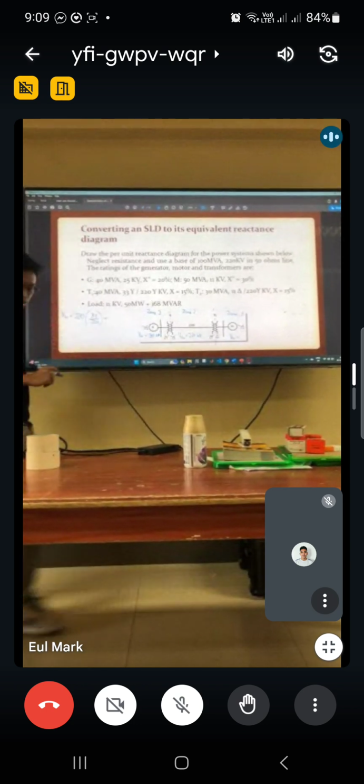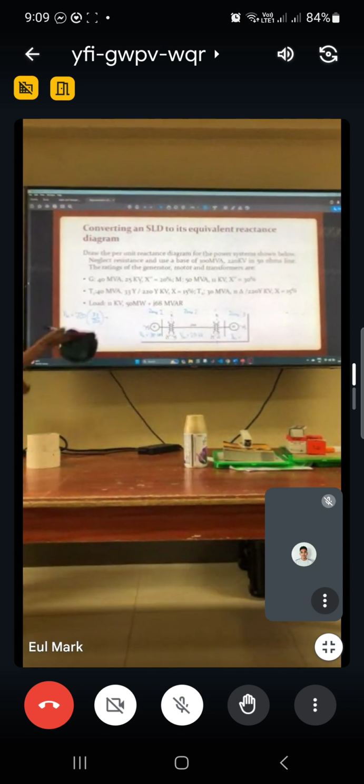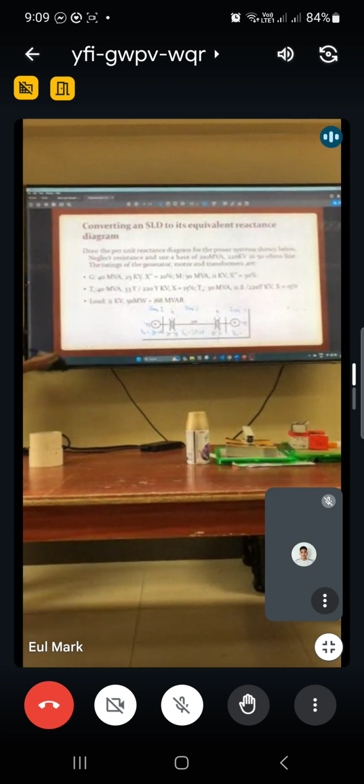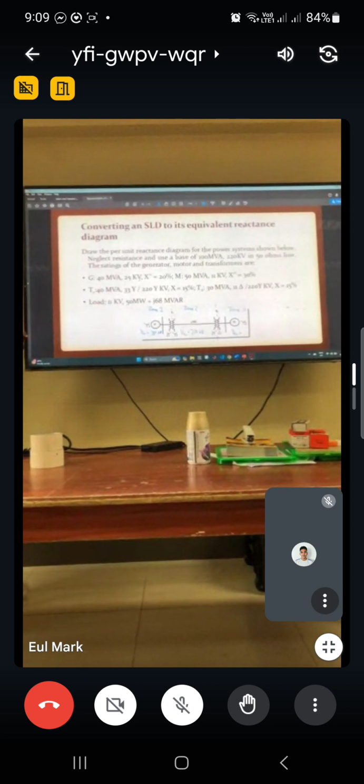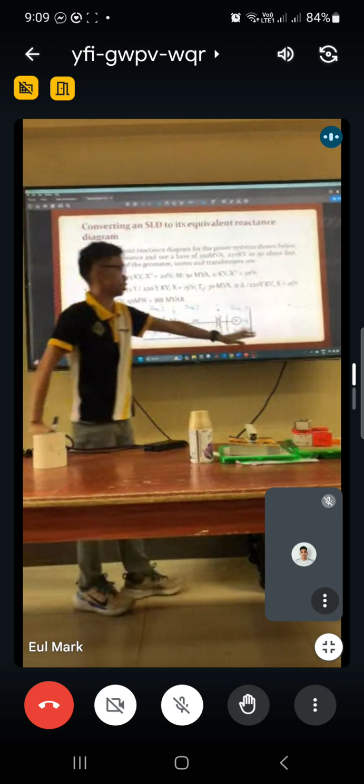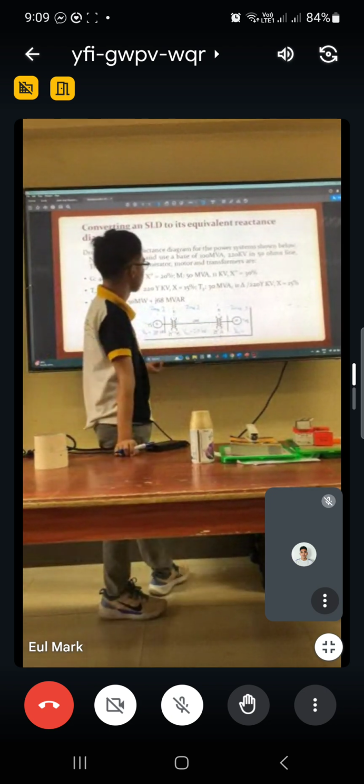How about VB3? What's the base voltage at zone 3?